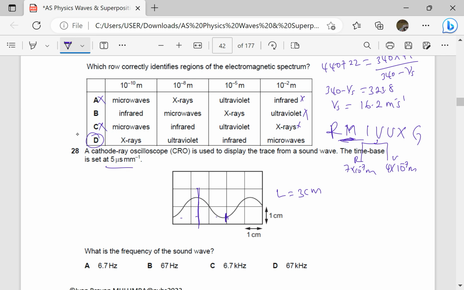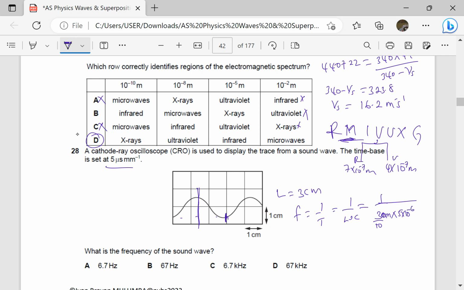Okay. Frequency is equal to 1 over period, which is equal to 1 over the length representing one cycle times the time base setting. So this is 1 over the length representing one cycle, approximately 3 centimeters. And the time base setting is in millimeters, so I have to change this to millimeters. So I will divide this by 10 to change it to millimeters. So it is 3 millimeters times 5 times 10 power negative 6.